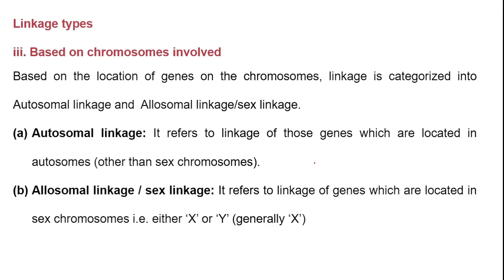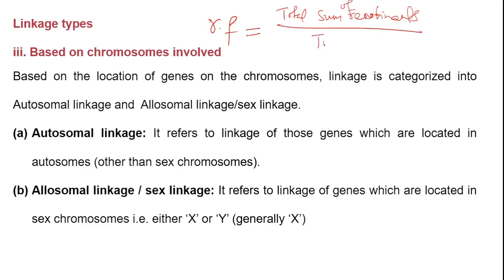In calculation of the linkage group, in linkage-related problems, some formulas will emerge. The first formula is the recombination frequency. Recombination frequency is equal to the total sum of recombinants divided by the total number of offspring.